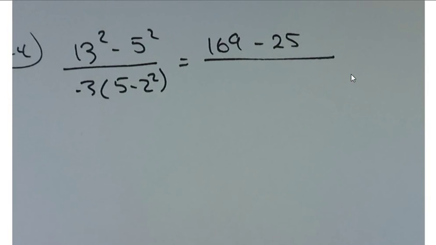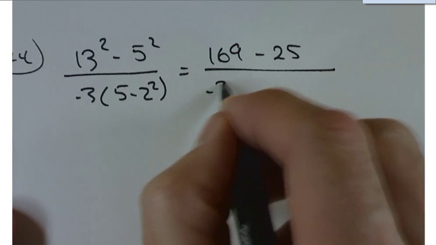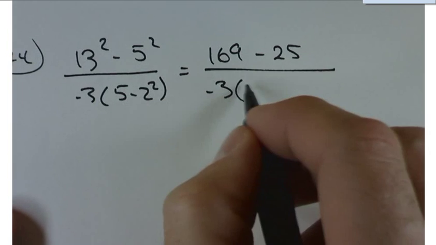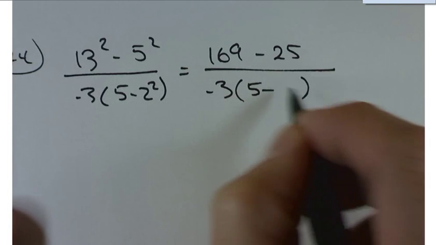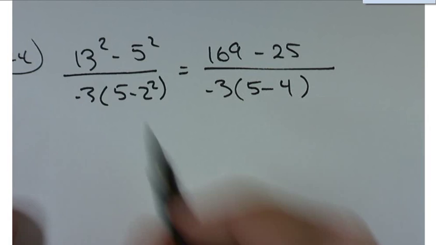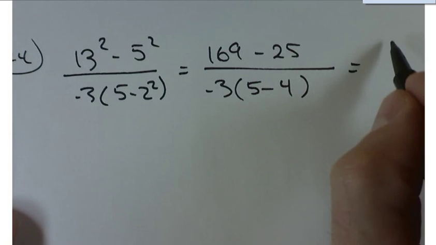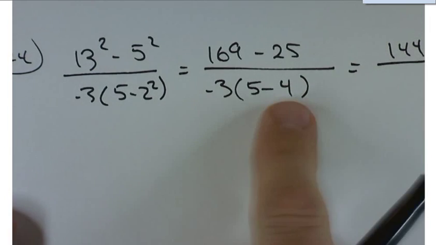So let's focus on the denominator. Sydney, what's the denominator going to look like? What should I do first? All right, and in the parentheses, where should I start? Good. 5 minus 2 squared is 5 minus 4. All right. Numerator gives me 144.